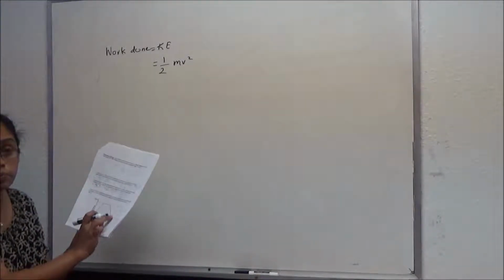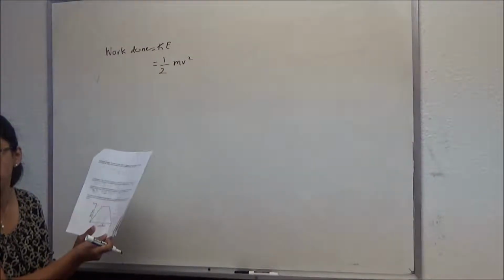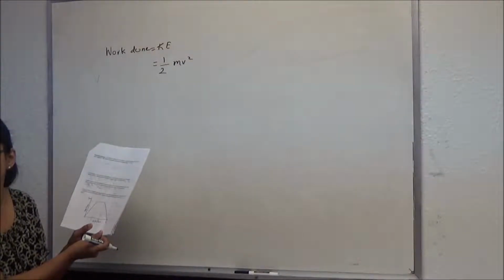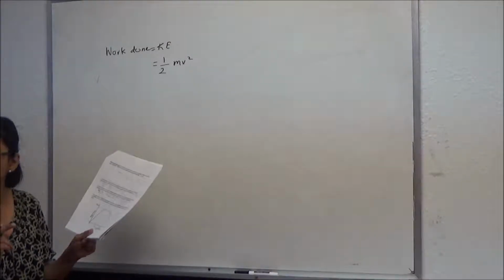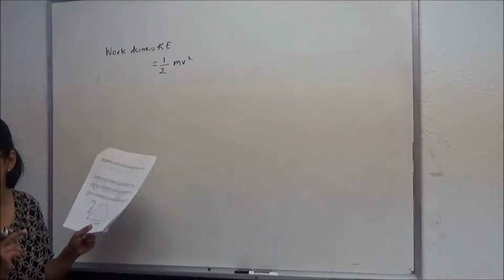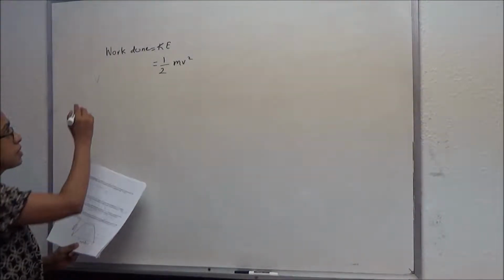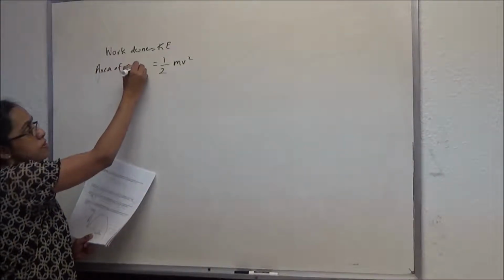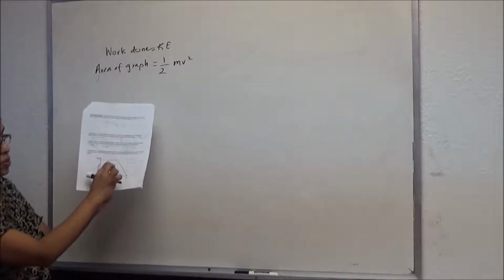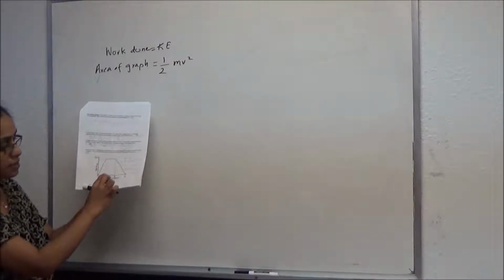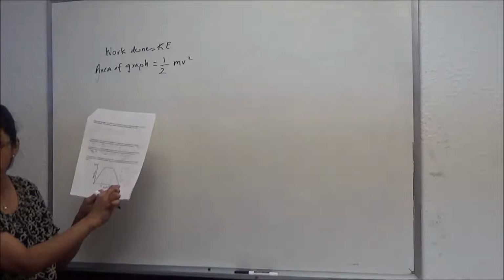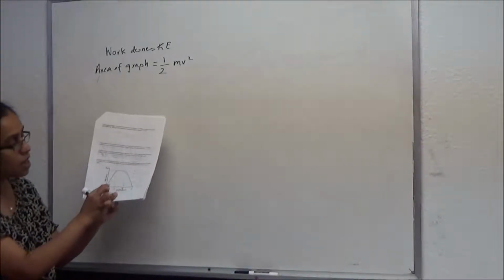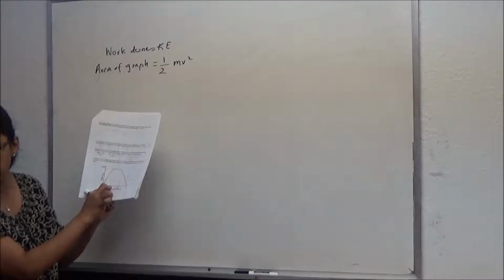What shape is this? Trapezoid. Yes, trapezoid. So how do you find the area of a trapezoid? Base 1 plus base 2. Yes, area of graph. So this distance plus this distance, divided by 2, the average of these two distances, times the perpendicular height.